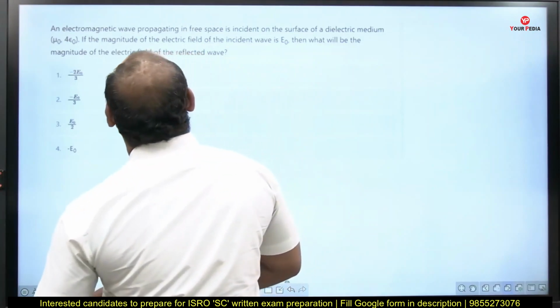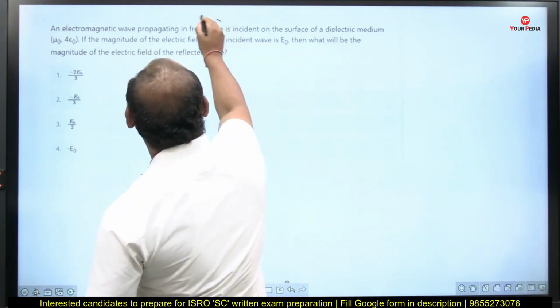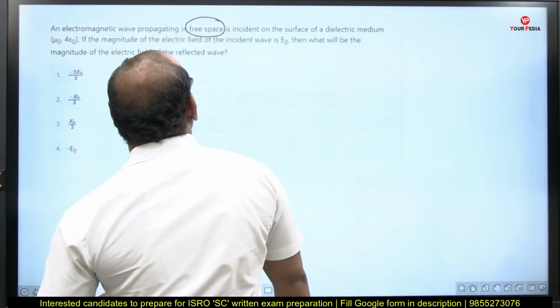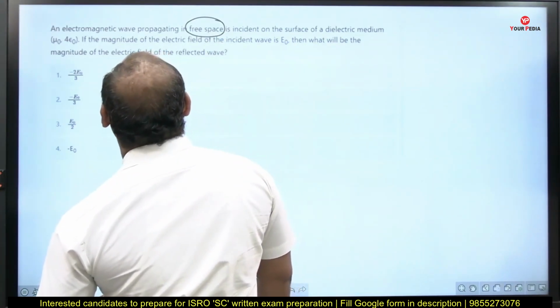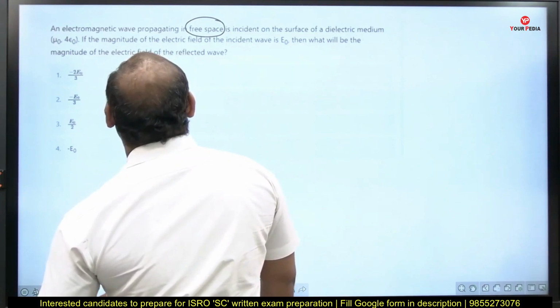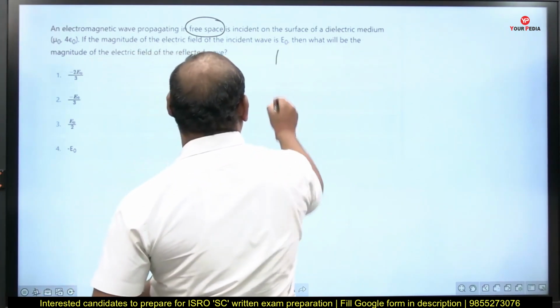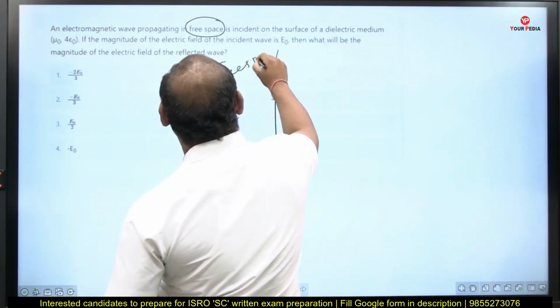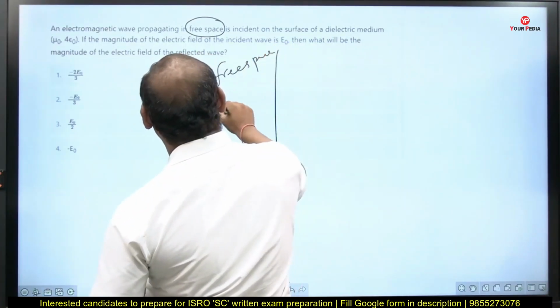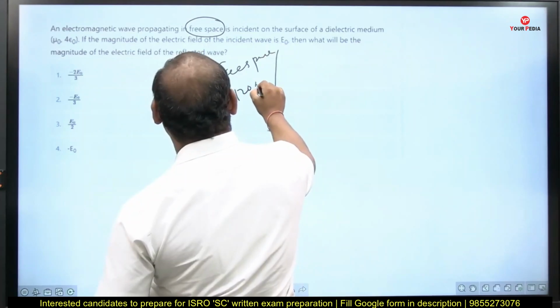An electromagnetic wave propagating in free space, so this itself is one medium, is incident on the surface of a dielectric medium with parameters mu naught and 4 epsilon naught. Free space means we can directly write impedance is equal to 120 pi.